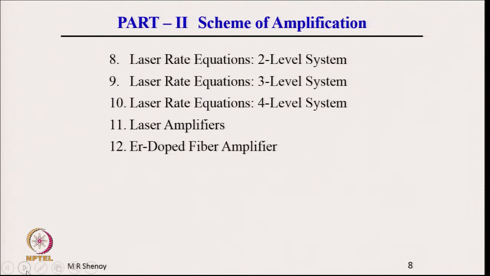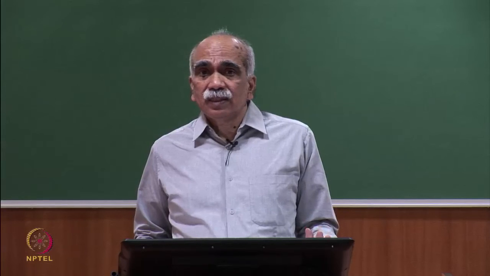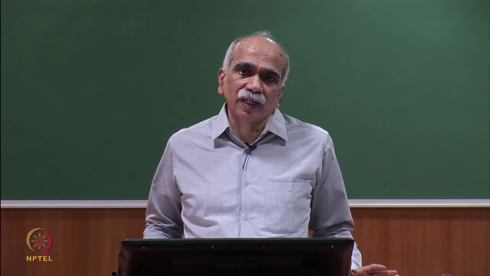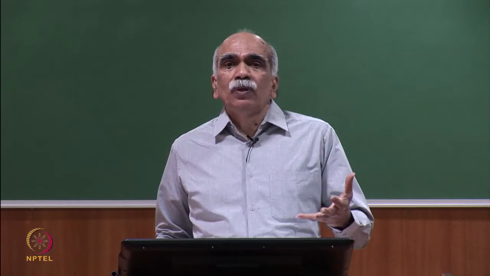And then we continued on to part 2, where we discussed various schemes of amplification. To discuss this, we considered first a 2-level system, then a 3-level system and a 4-level system, and under what conditions we can achieve amplification by stimulated emission. The condition for amplification, we had shown earlier, is that population inversion is the necessary condition for amplification. Now, how to achieve population inversion?